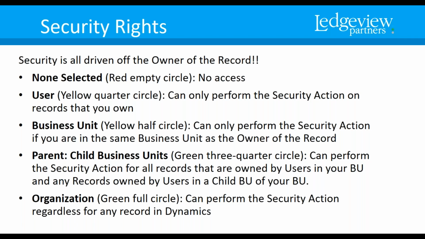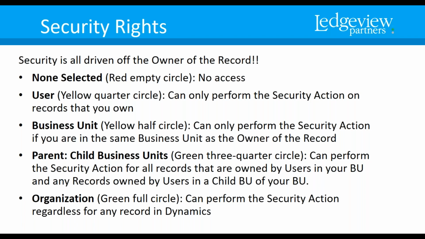What we're talking about here is when a user owns the record. A user is set to a particular business unit. When none is selected, it's a red empty circle, meaning they don't have security rights. No access. You don't have any access to that.